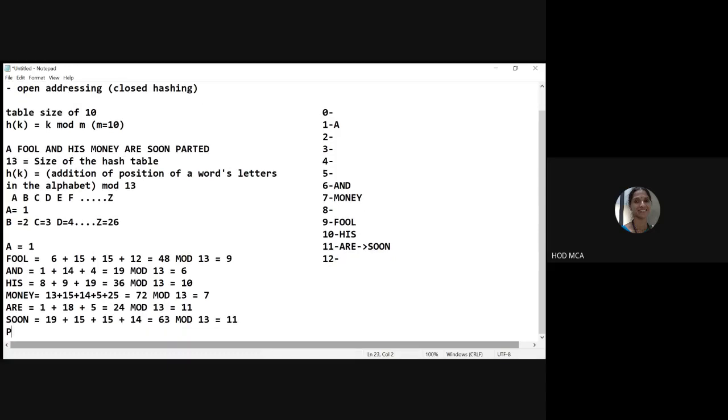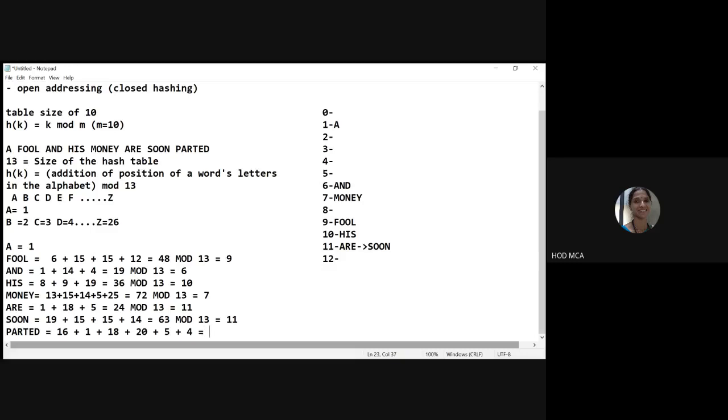Next word is "parted". We'll have to calculate it, so quite a big one. P is 16 plus A is 1, R is 18, T is 20, then E is 5, and D is 4.